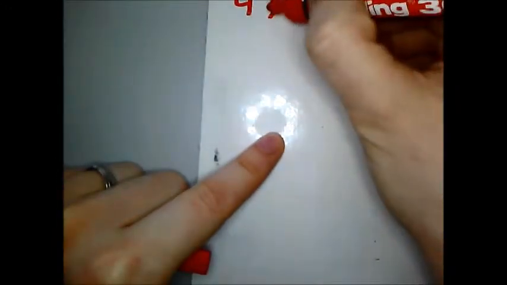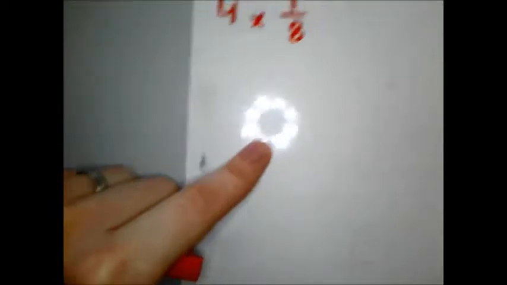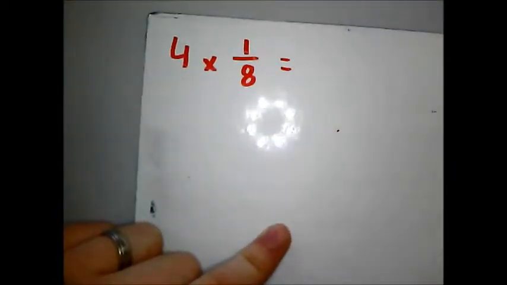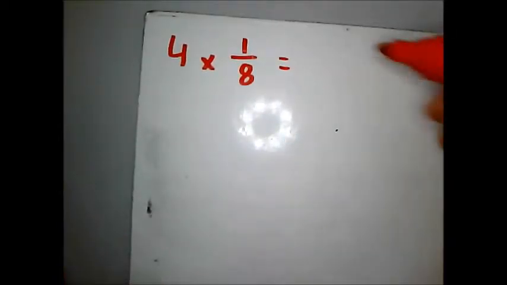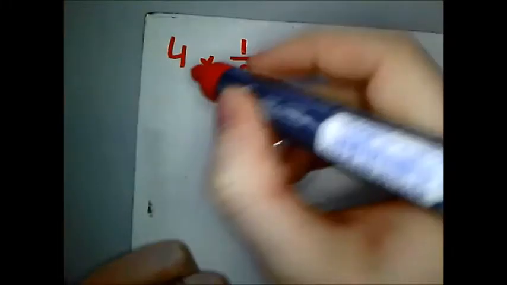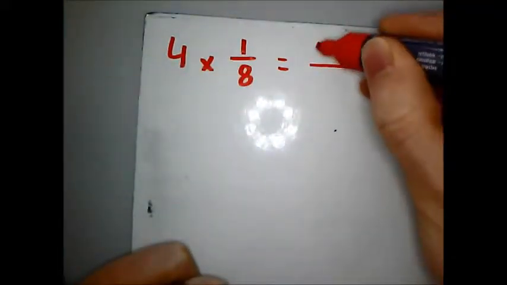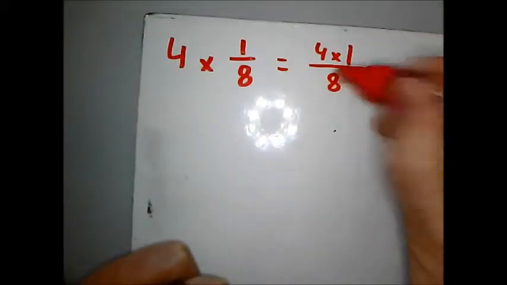So the first question goes with 4 times 1/8. I'm going to show this fairly purely, in that there are various other ways you can do this, but this way will stand you in the best stead for later on. So this means 4 times the top number, so I'm going to put this as 4 times 1 at the top and then divide by 8 at the bottom.